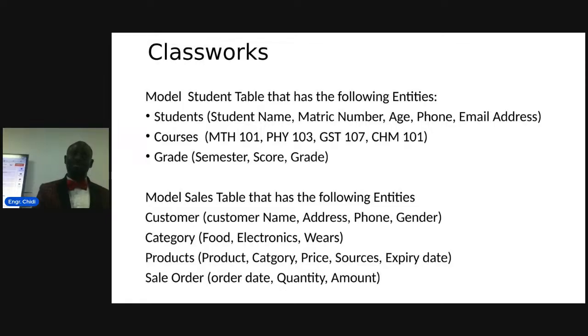So check. We want to place that constraint there. Department cannot be null because we want to know the course you are studying here. Are you doing software engineering or are you doing what? Okay, email is also unique.